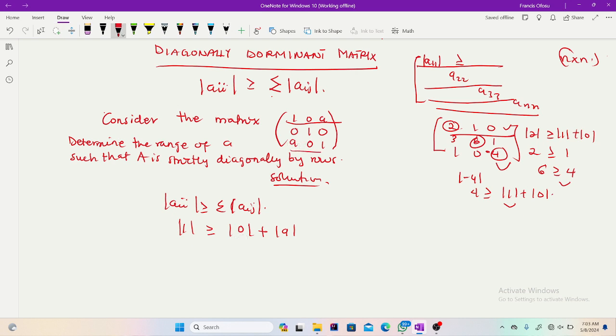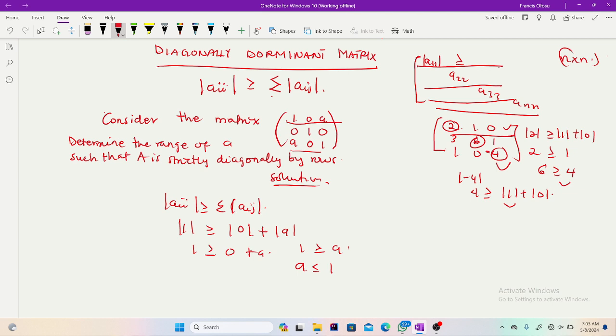It should be the same. So 1 should be greater than or equal to 0 plus A. So 1 is greater than or equal to A. Therefore, A will be less than or equal to 1. So the range of values of A is any A less than or equal to 1.